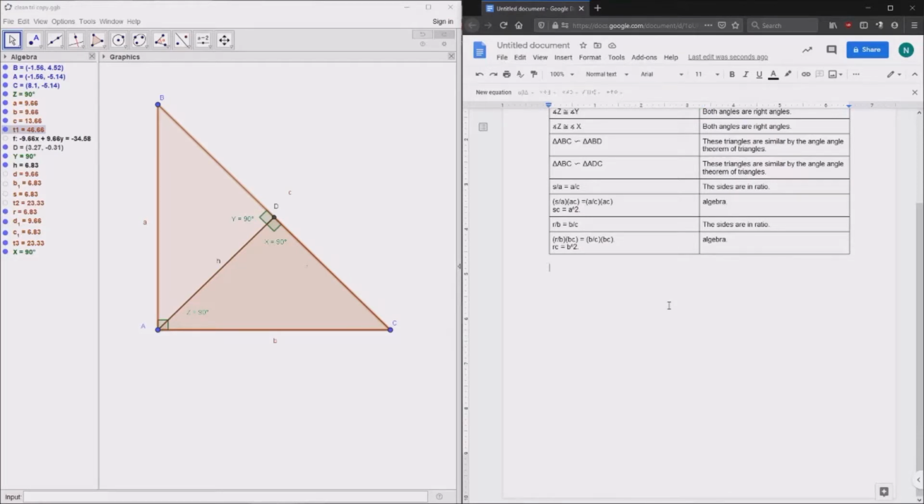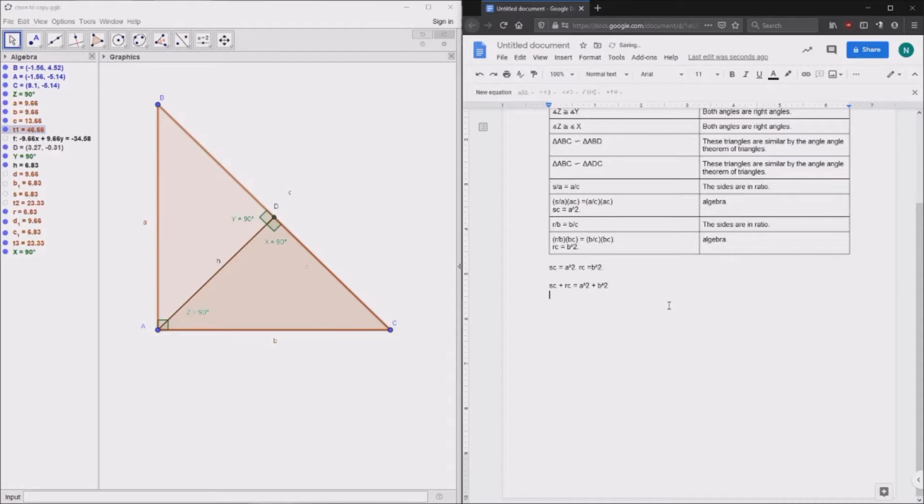So this is what we have: SC equals A squared. We also have RC equals B squared. Why don't we add them up on both sides? So we get SC plus RC equals A squared plus B squared.